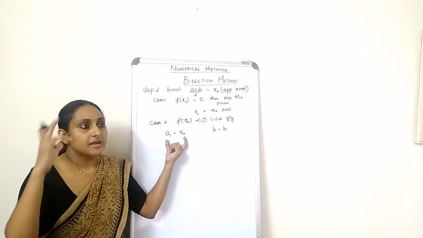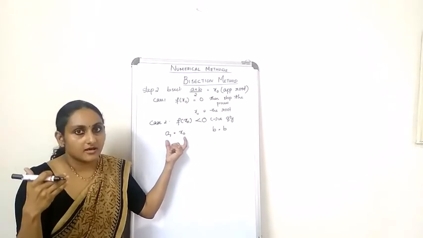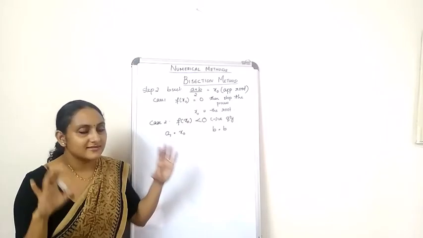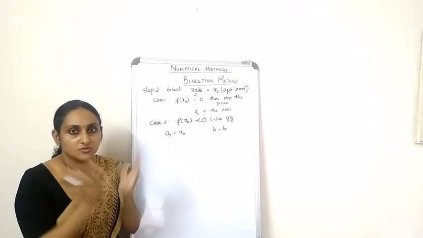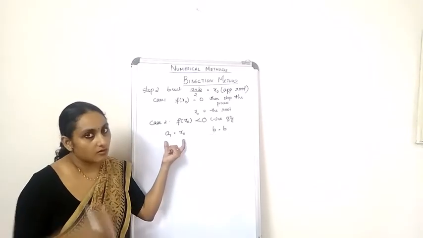You know why? Because I have assumed that f of a is negative in the earlier stage. I hope you remember that. All these things will be clearer when we come to a problem. Okay, now let's take a look at this. I hope this is okay with you.